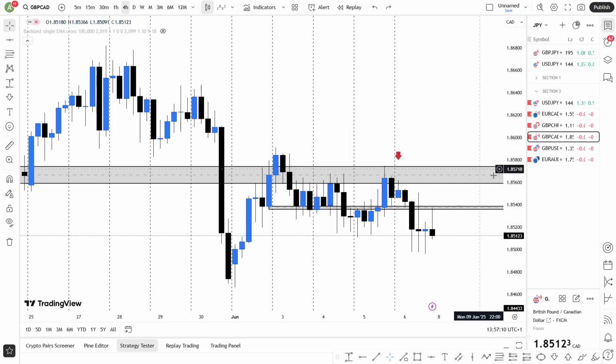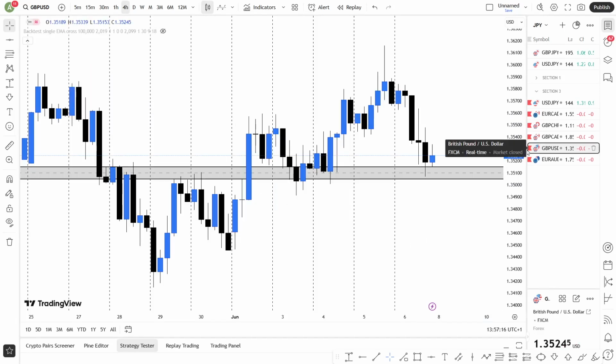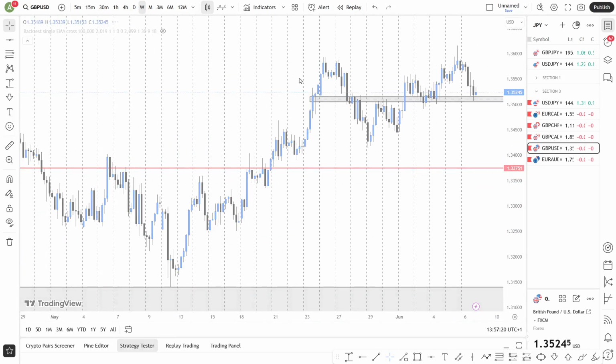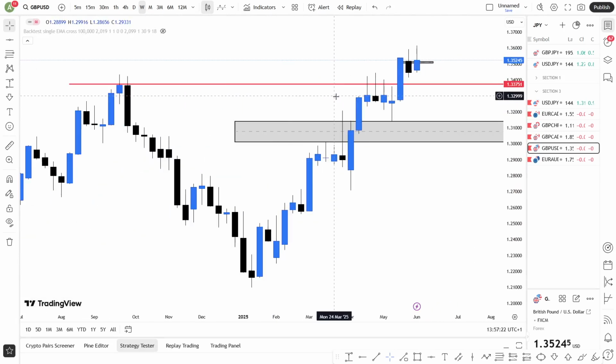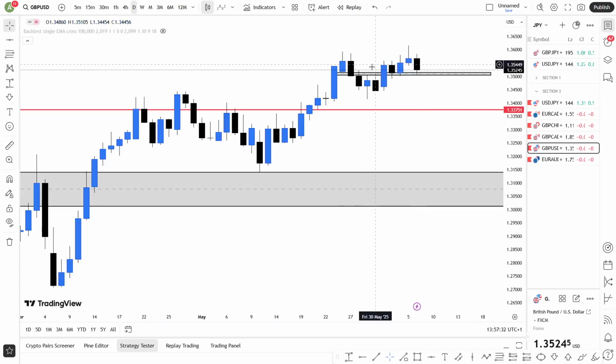Okay, now let's go to GBPUSD. Top down analysis, weekly. On the weekly, this is an old high. Price has already broken this old high, creating this level here. So if we check on a daily, two things are involved.